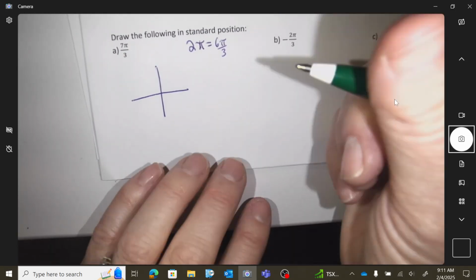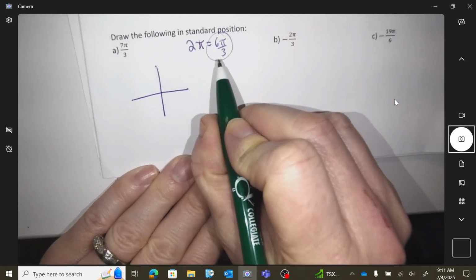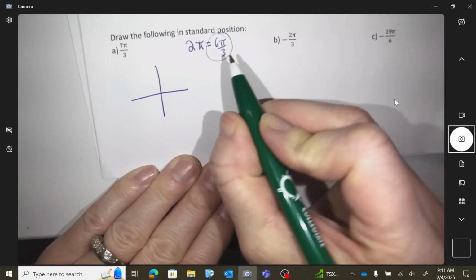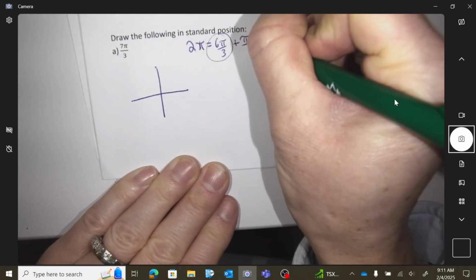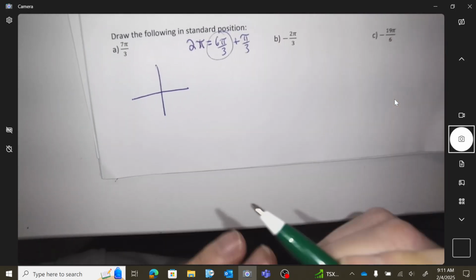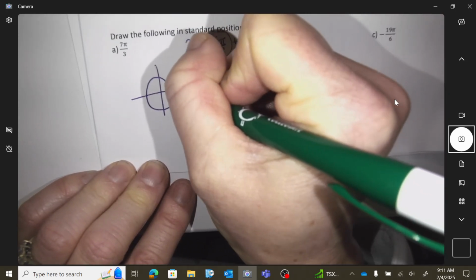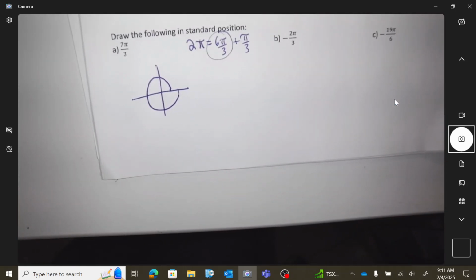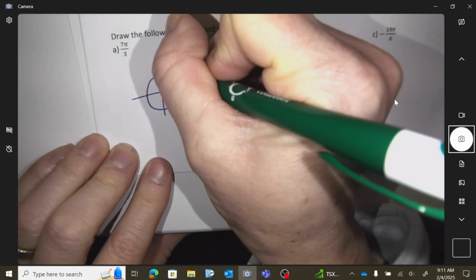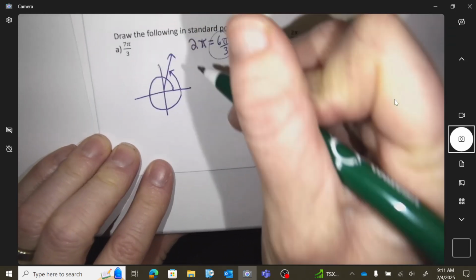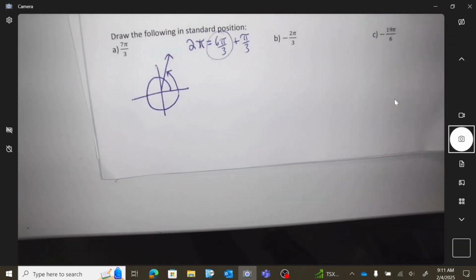So you're going to go a whole circle, right? And then you have to do one more to make that 7. So a full circle, then pi over 3 extra. So that's the idea.